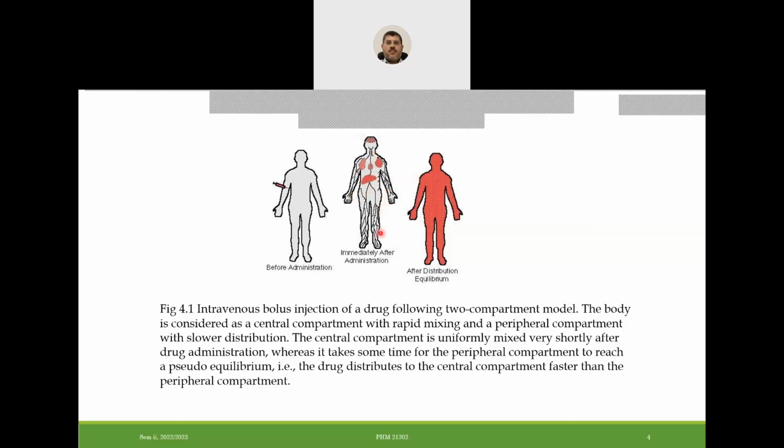But during the distribution phase, the drug starts to distribute into the peripheral tissues until it is distributed to all the body. After reaching equilibrium, you can see that the color is almost homogeneous, the same in all the body. This means that distribution has happened to all the body.